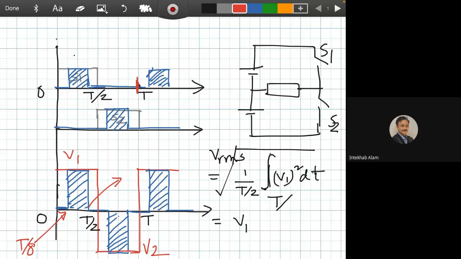So this value will become t by 8, 3t by 8.